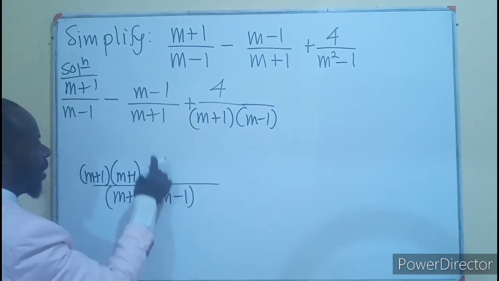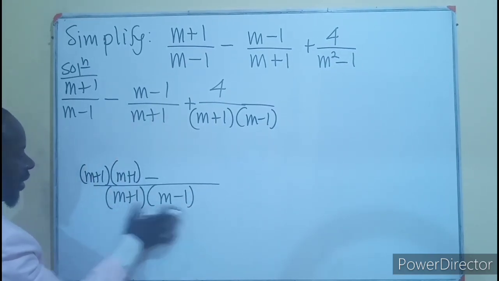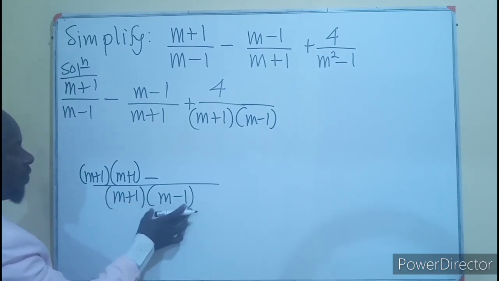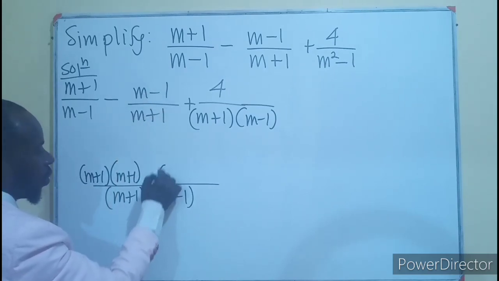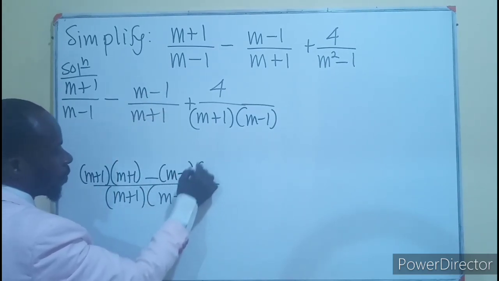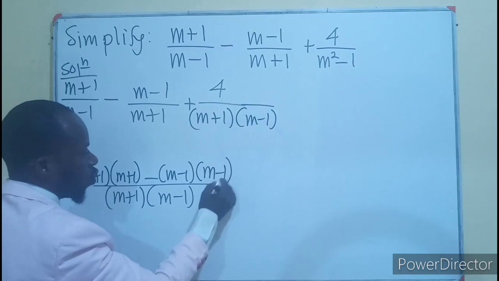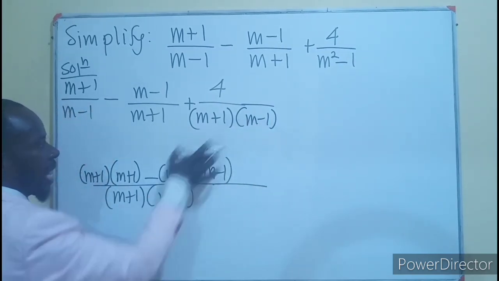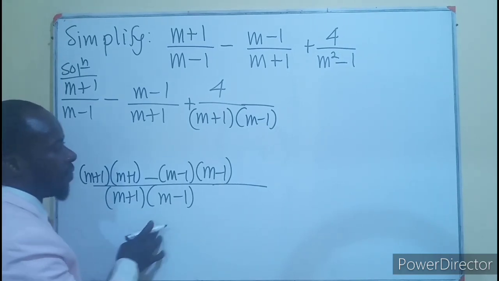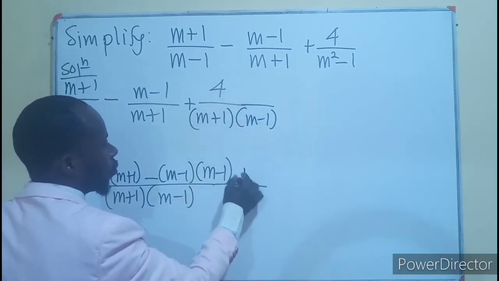Then we have our minus (m minus 1): dividing this will cancel this, leaving only m minus 1, which is the same as this. So m minus 1 multiplying m minus 1. Then this going here will cancel itself, so we are left with only plus 4.